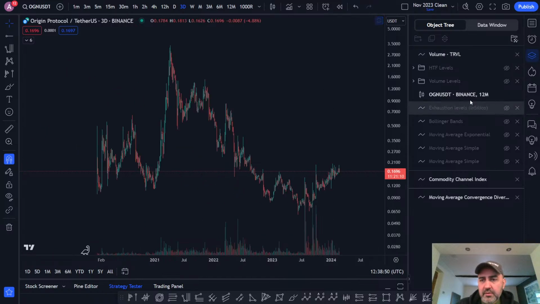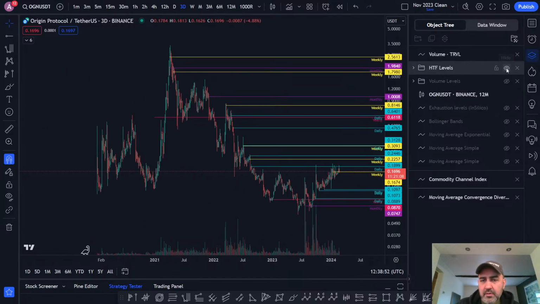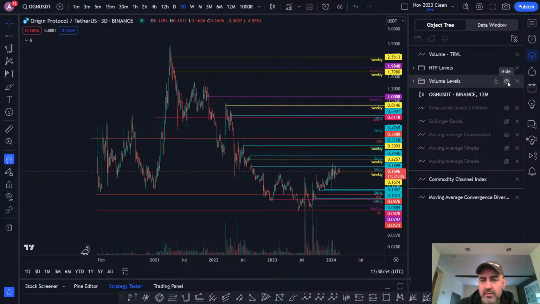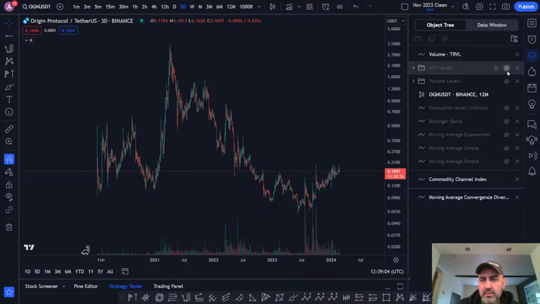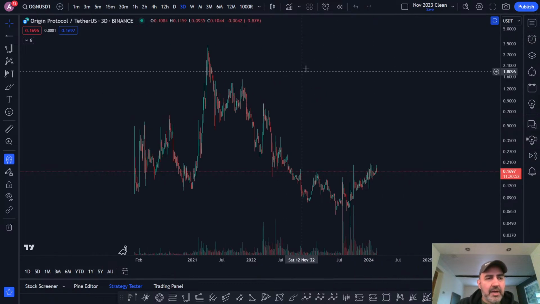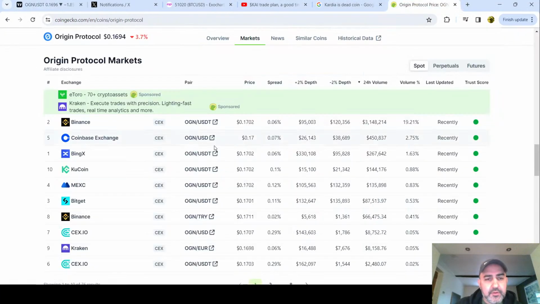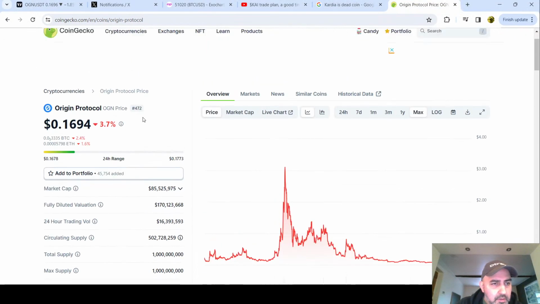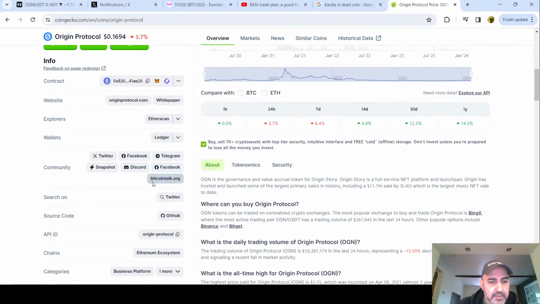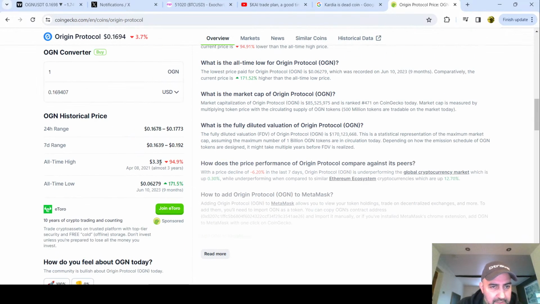Just have a look at that. Okay, let me get the all-time high in and the all-time low. Let's do it from here because I don't trust the values on the charts. The high is $3.35.